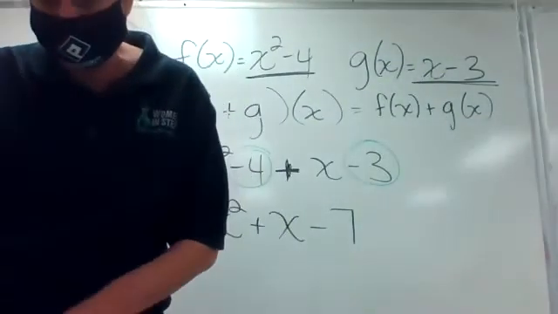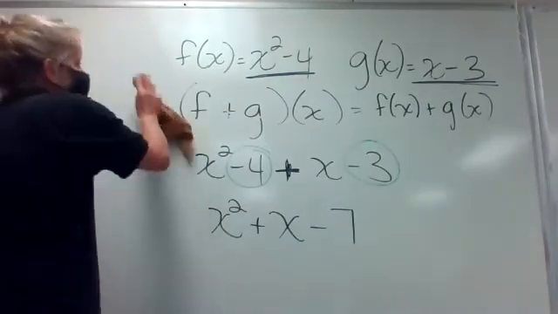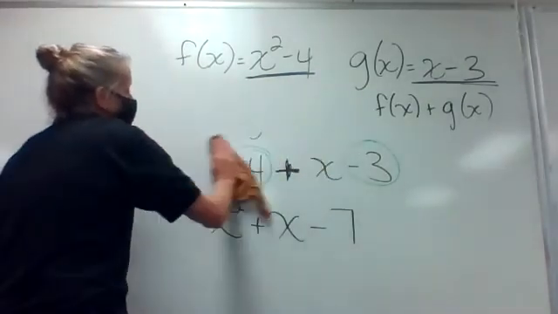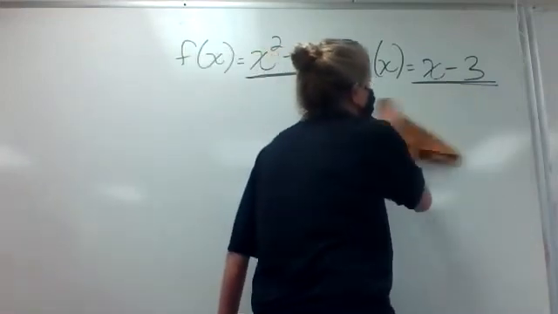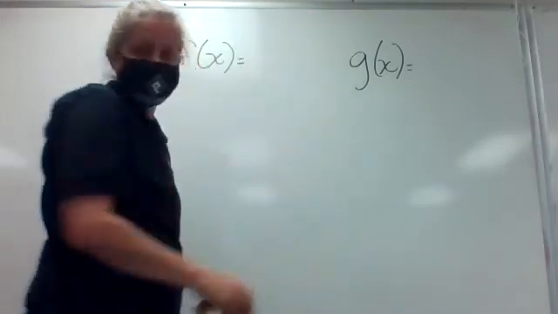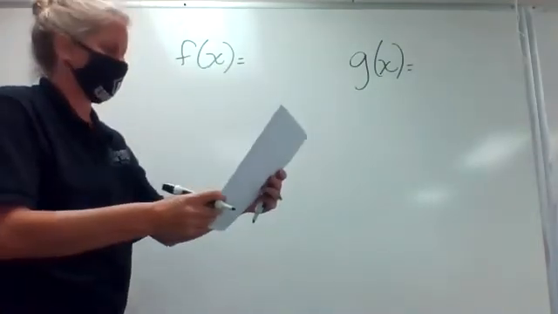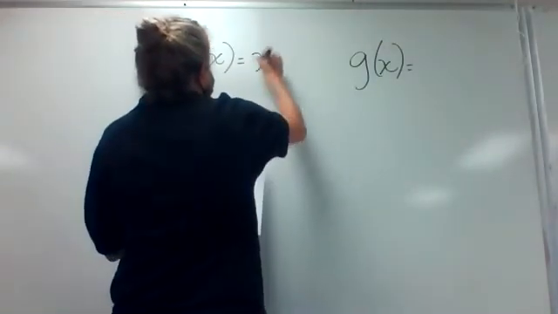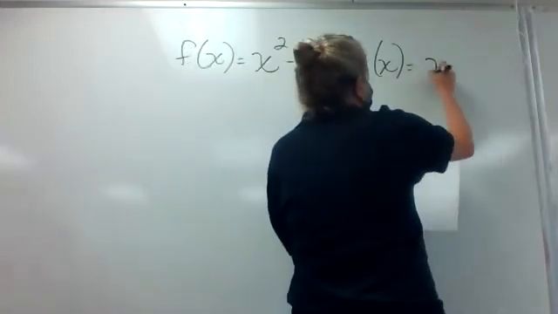Okay, let's look at number 2. So it's going to give us another f of x and g of x. This time f of x is x squared minus 3. And g of x is x minus 2.